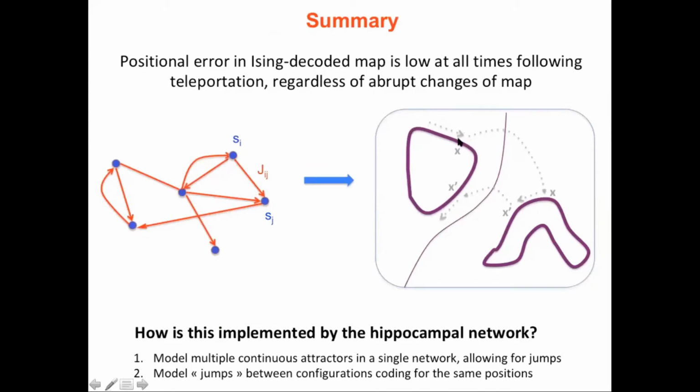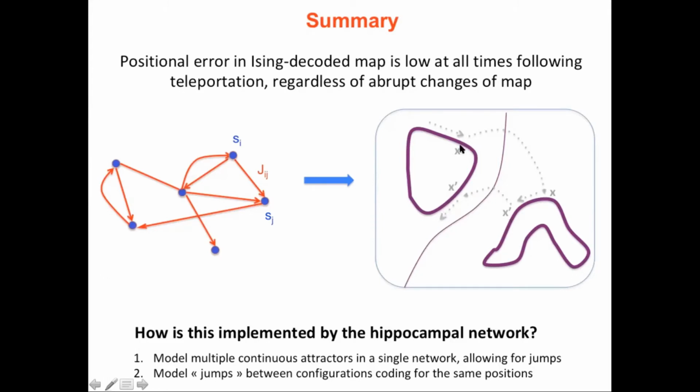At some point, after the light switch, for instance, there is a spontaneous jump towards the other attractor, which corresponds to the one of map B. Then the rat is moving in map B, and its position along this attractor is updated according to its motion in the box. And then there is another change and a jump to the other attractor, and so on.